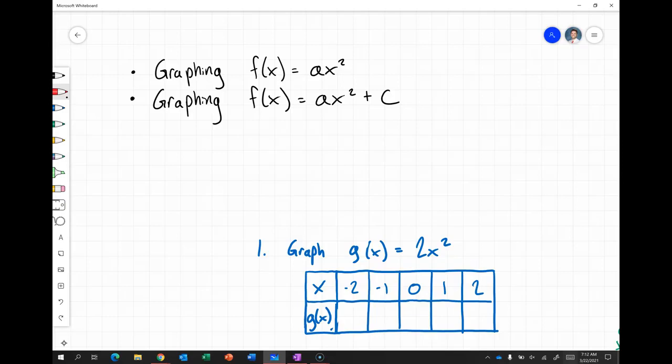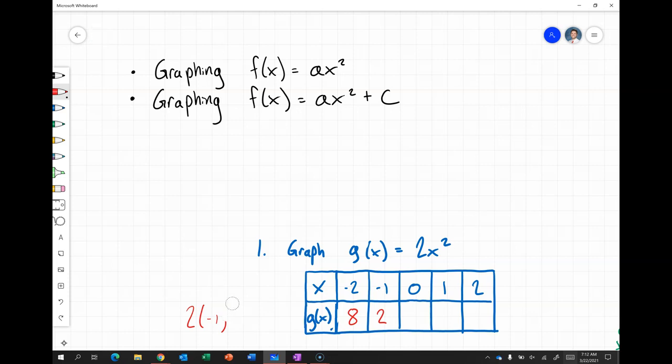So we've got here x equals -2. Now if x is -2, then we've got -2 squared, which is 4, and we multiply that by 2, so 2 times -2 squared equals 8. Okay, then the next one, we've got -1, so -1 squared would just be 1, and 2 times 1 would be 2.